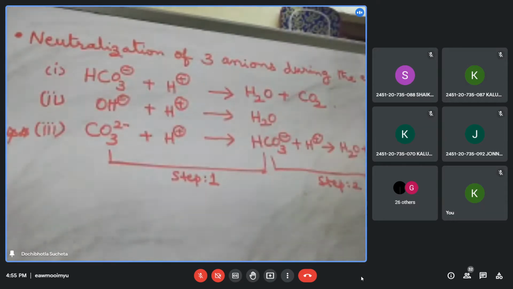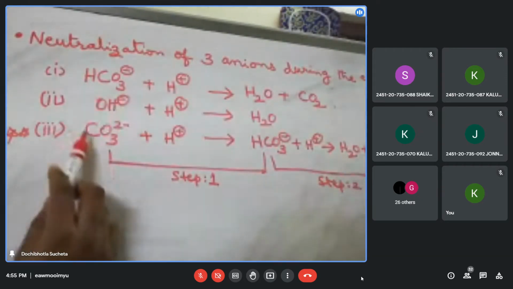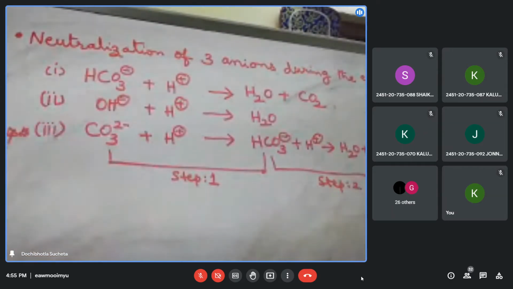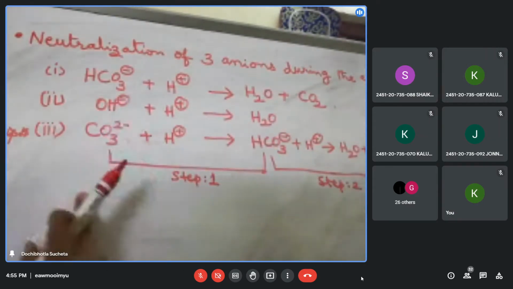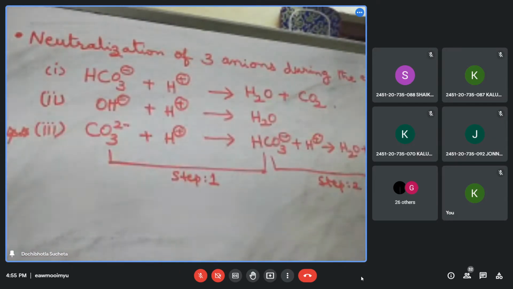Okay. Next, how about carbonate? Can I use phenolphthalein and methyl orange? Yes. This carbonate ion can also be identified with both methyl orange and phenolphthalein. If I'm using methyl orange, from first to the last, the methyl orange indicator shows the color change.